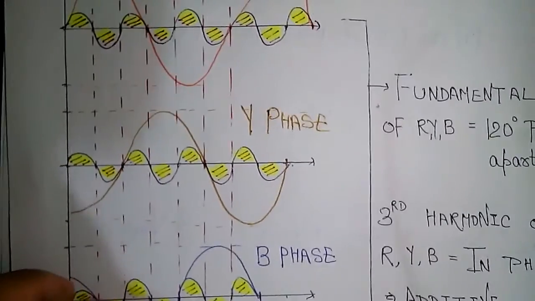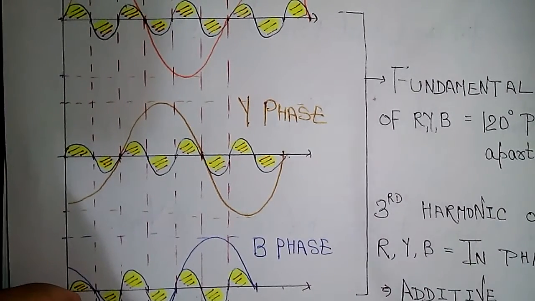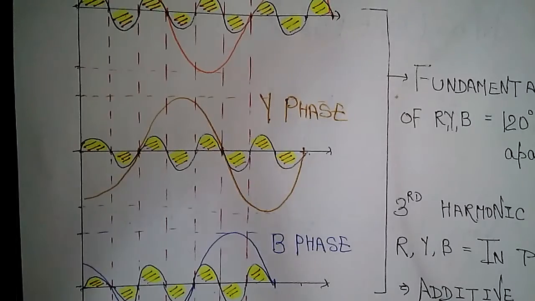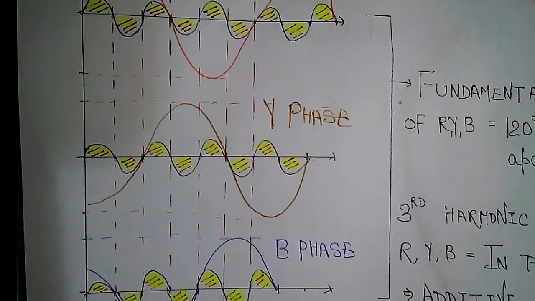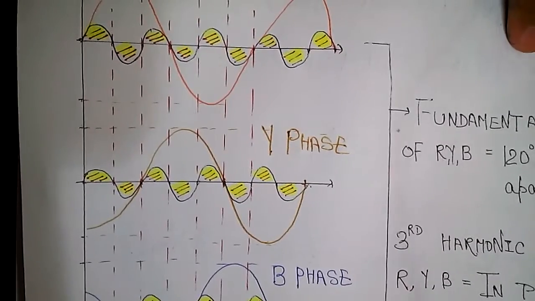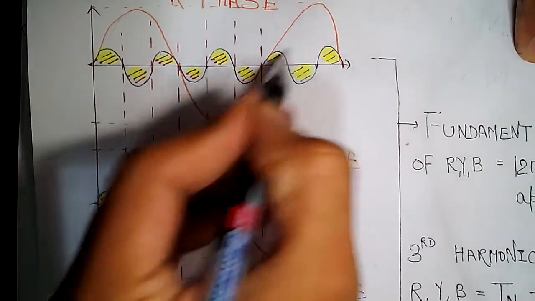You can see 3 waveforms, each of R phase, Y phase and B phase. R phase starts from 0 to 180, this and this.